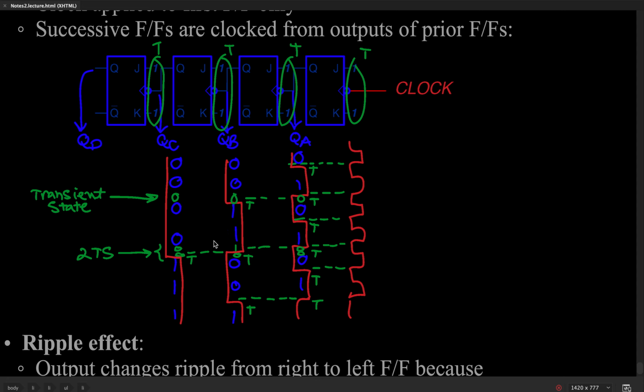In a similar manner, between the counts of 3 and 4, the first flip-flop changes, then the second flip-flop changes, and then finally I arrive at 4, resulting in 2 transient states. Now, the reason that this is happening is because the changes are rippling through the various stages here.